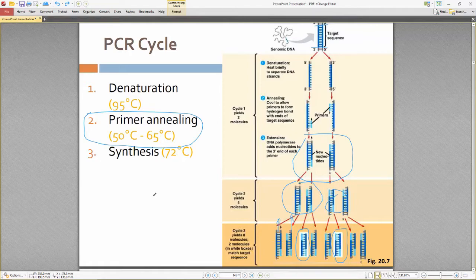If we have a template like this, RNAP can come along and put down RNA nucleotides without an existing 3' end to add to, right? But remember that DNAP can only add nucleotides.